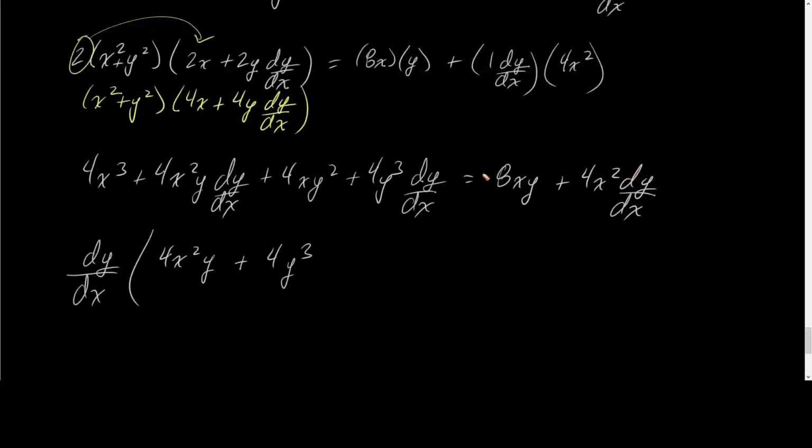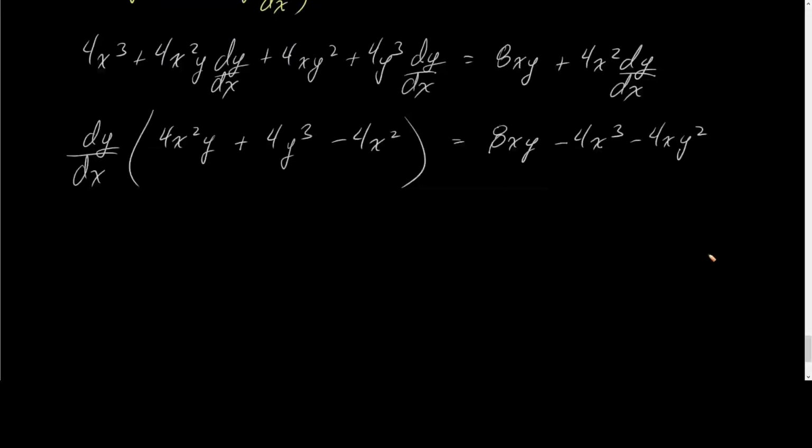But notice that's on the other side of the equal sign, so to bring it on this side, I have to subtract it, so I have minus 4x squared. On the other side, I still have that 8xy, and what else? I could bring this 4x cubed to the other side, so minus 4x cubed. I can bring this 4xy squared over as well, so minus 4xy squared.